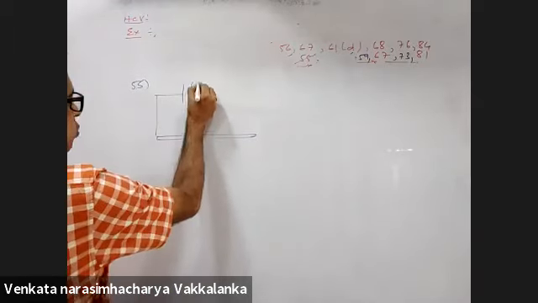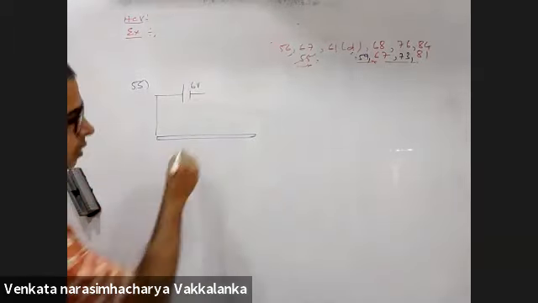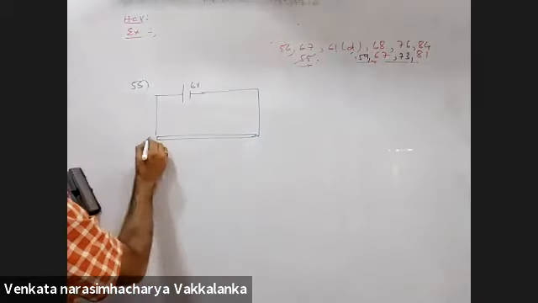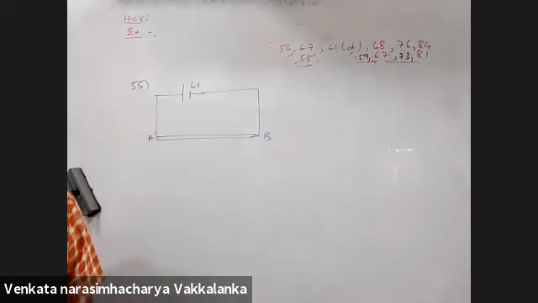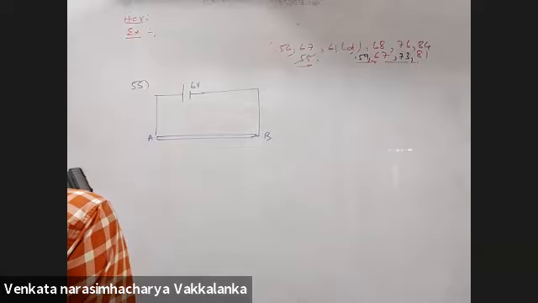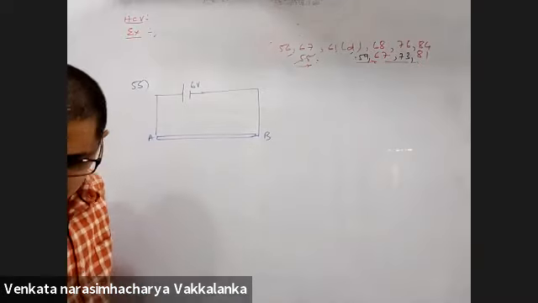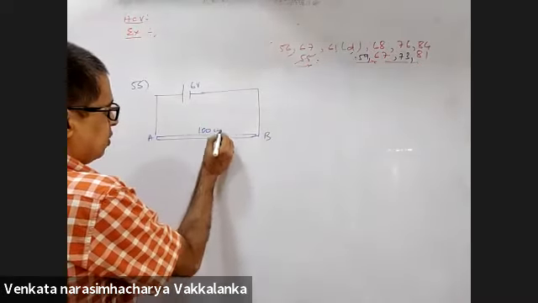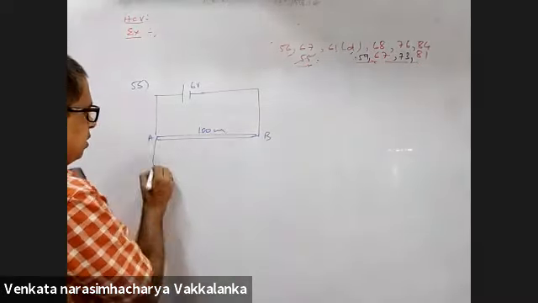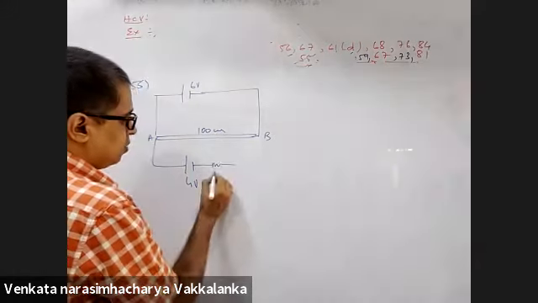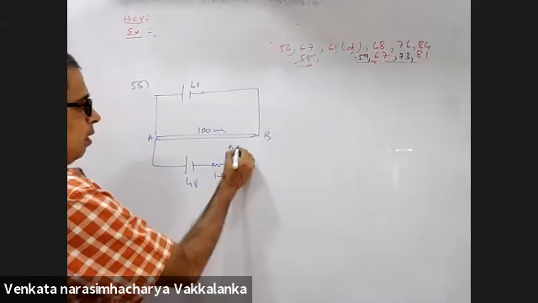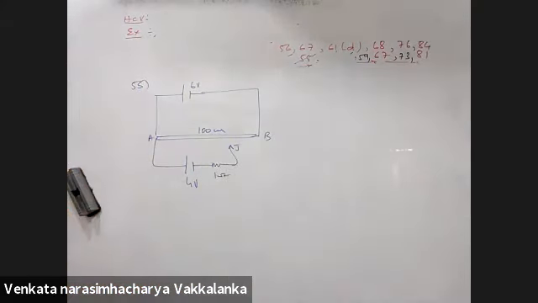You have a 6 volt battery, internal resistance negligible. AB is of length 100 centimeters. You have a 4 volt battery, internal resistance is 1 ohm. And you have a jockey.